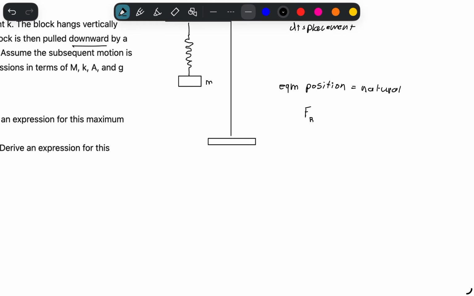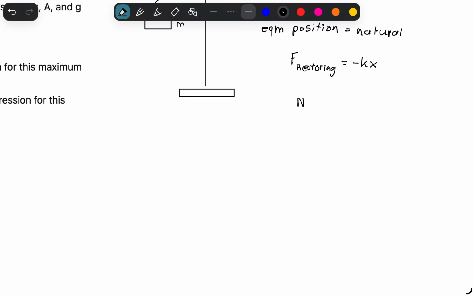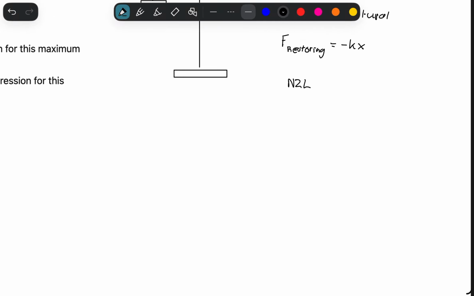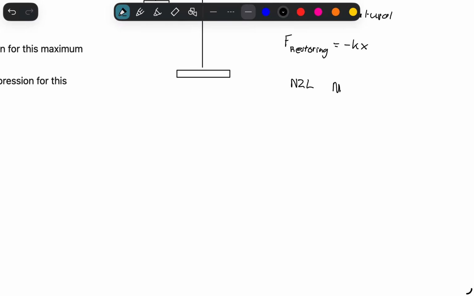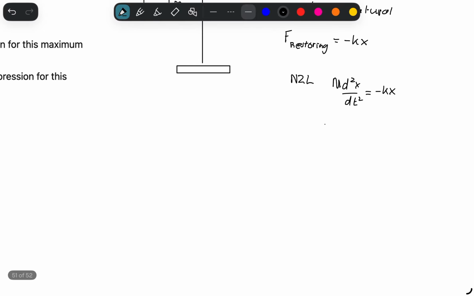So this is going to be equal to negative kx. This gives us a derivation using Newton's second law, which is m d squared x dt squared is equal to negative kx. So that means that a would be equal to negative k over m x for our simple harmonic motion.